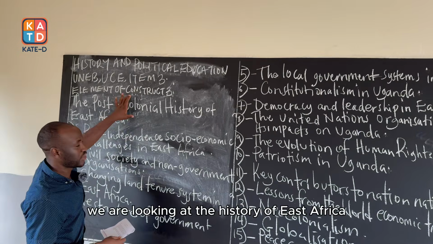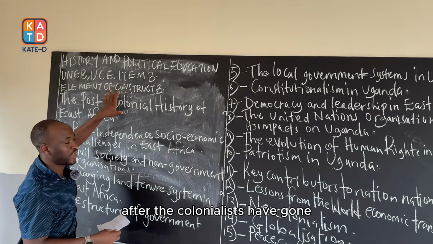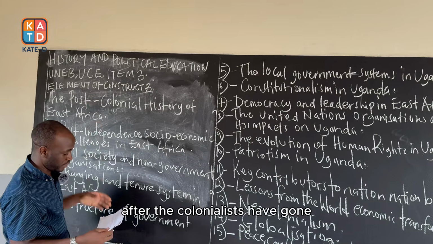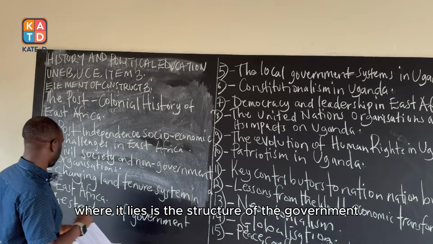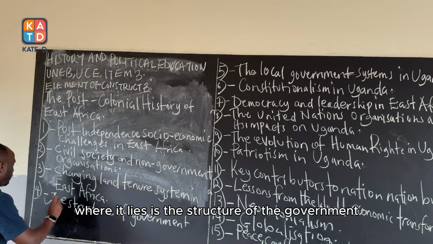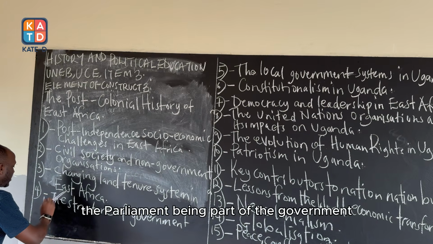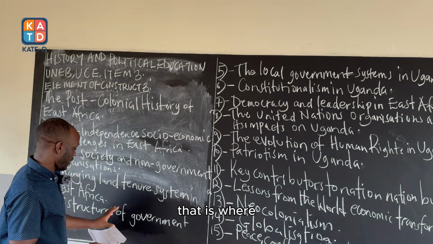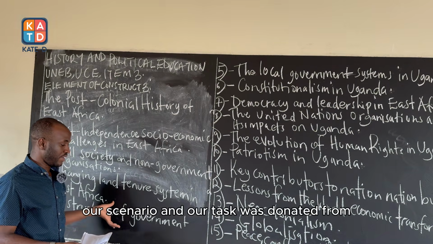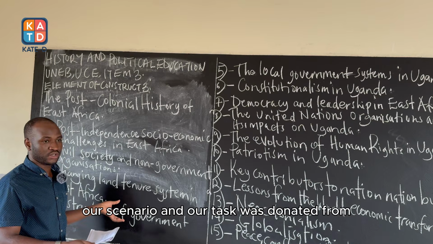So we are looking at the history of East Africa after the colonialists have gone. And the topic where it lies is the structure of the government, the Parliament being part of the government. That is where our scenario and our task were generated from.